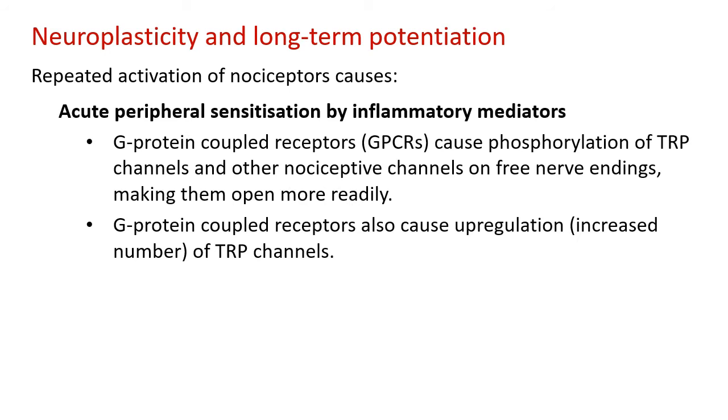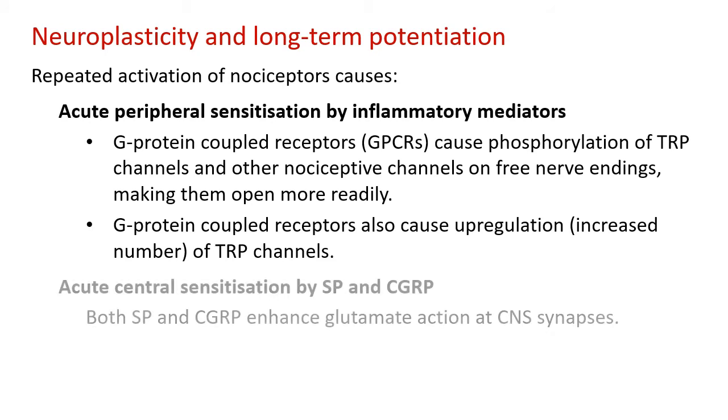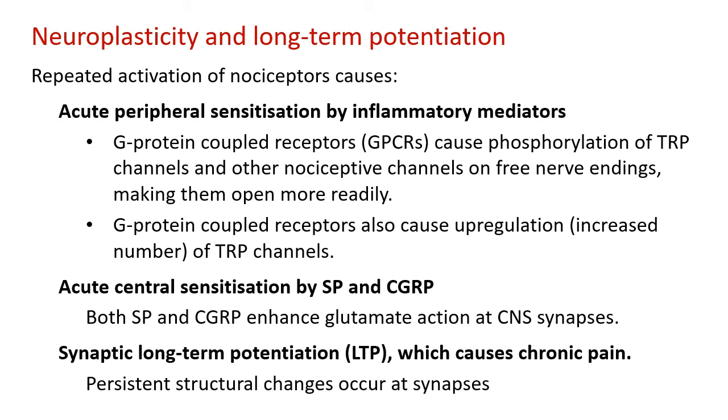So, in acute pain through G proteins, peripheral nociceptors are upregulated by the phosphorylation of channels and an increase in channels. Also, synapses within the central nervous system are upregulated by the additional exocytosis of both substance P and calcitonin gene-related peptide to enhance the effect of glutamate.